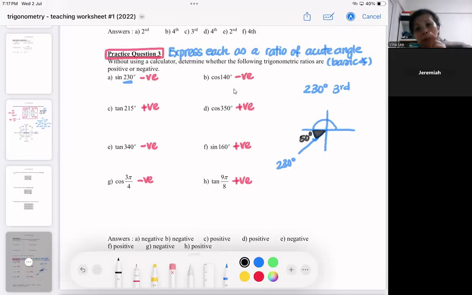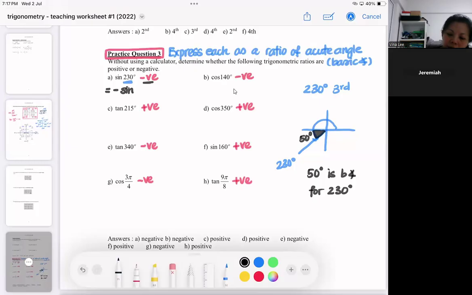So this is the basic angle for 230. So 50 is the basic angle for 230. Just now you already know that sine 230 is negative, so it will actually become negative sine 50.